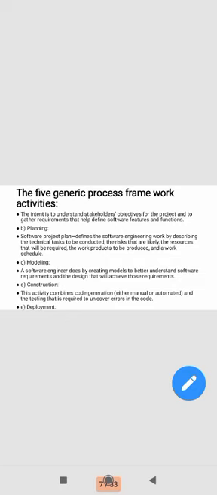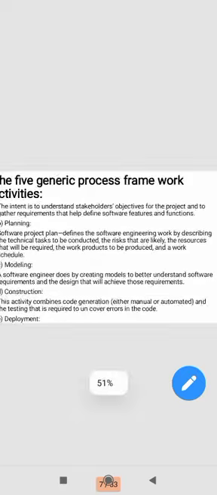Already we have designed the house, now we are going to make some changes in that house, that is called a framework. Already it has been developed, now we are going to make some changes in that software, that is called framework activities. So first one is planning. So what do you mean by software project plan?